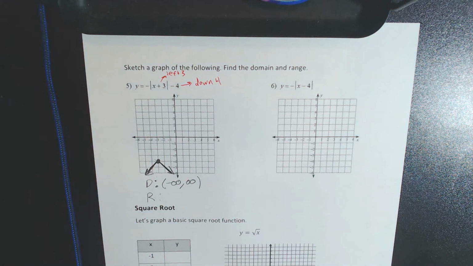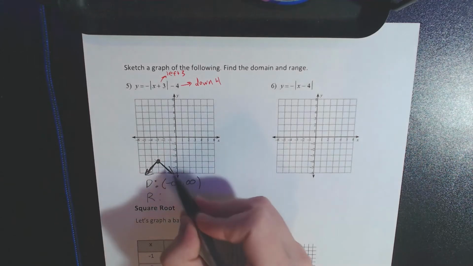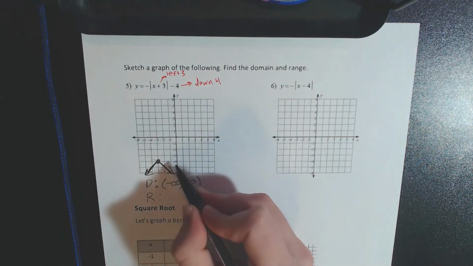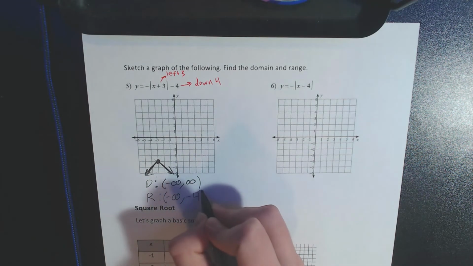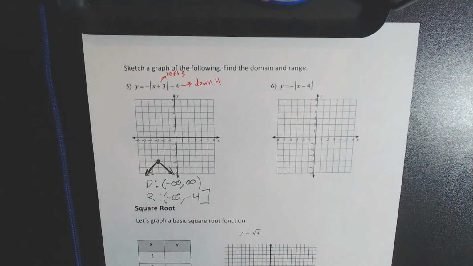Anything above -4 isn't going to work. So what we do, we usually start at the smaller number. We go from -infinity up to -4, and we do include -4. Okay. So that would be our range on that one.